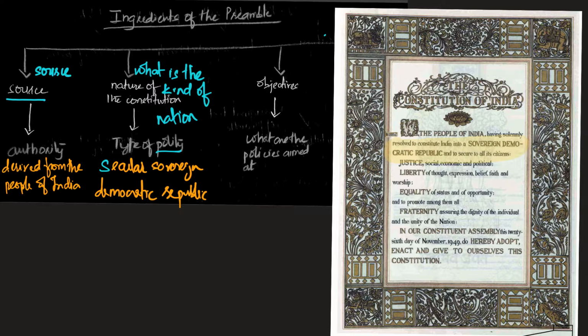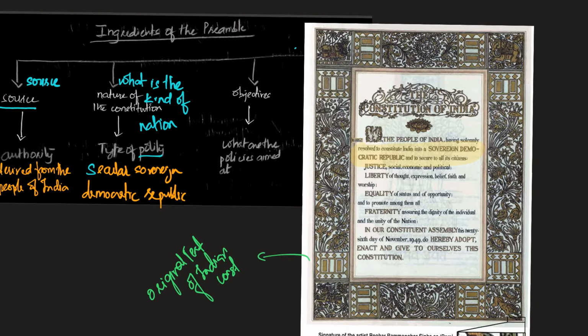If you observe, this is what we discussed in the first video, that this is the original form of the Indian constitution, the original text. That's why we don't see many words here. Let us go to the next topic now.